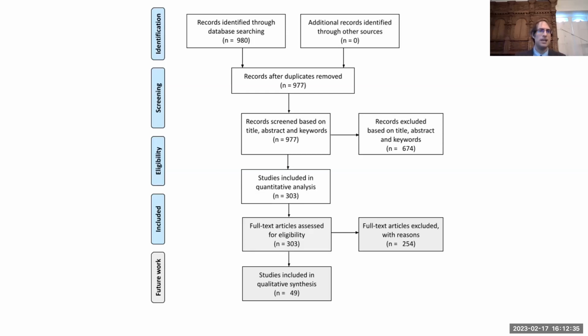We found some duplicates, went through all the abstracts and titles, and were able to throw away a big part of those. Some of them were medical science or just things that didn't meet those 3 criteria when you actually looked at the abstracts. And so ultimately we found 303 articles based on those criteria that we could assess from the title and abstract.